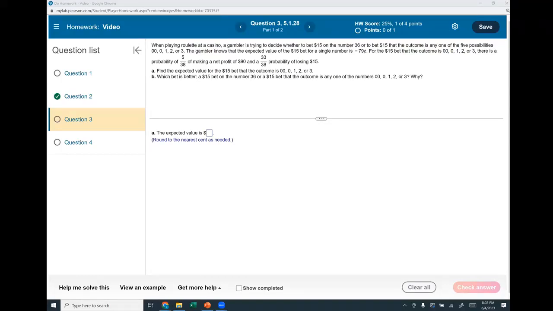So when playing roulette at a casino, a gambler is trying to decide whether to bet $15 on the number 36 or $15 on the outcome of one of these 5 numbers. So the gambler, well, let's just look at A. Find the expected value for the $15 bet that the outcome is 00, 0, 1, 2, 3. Okay, so let's do that first. We're going to start with our table.